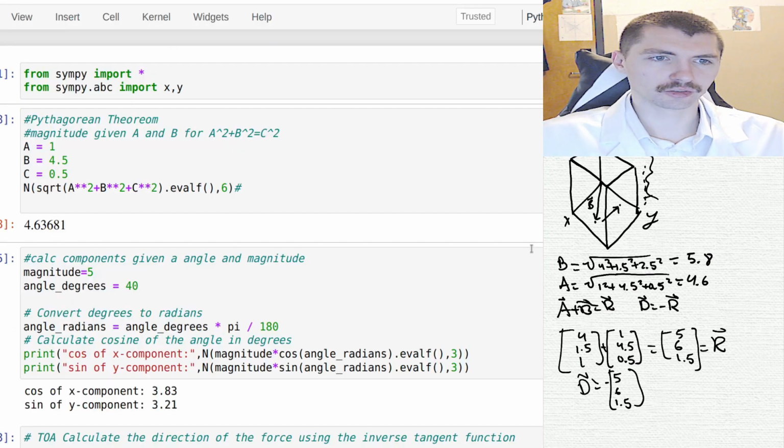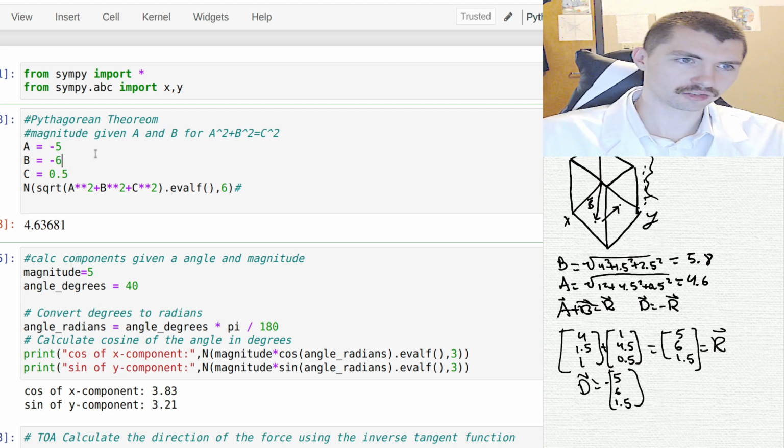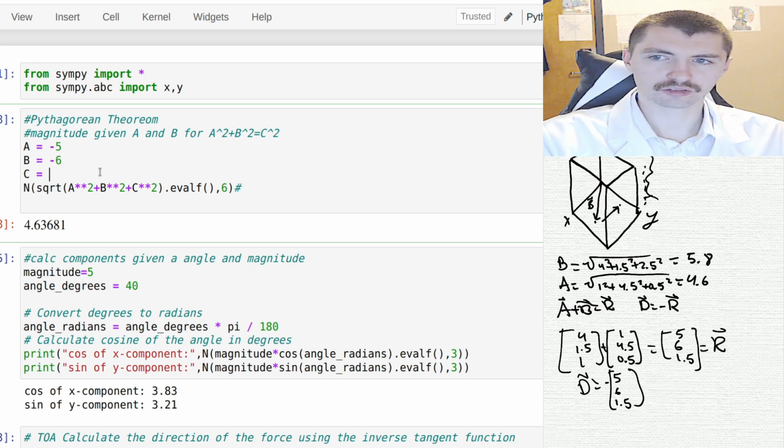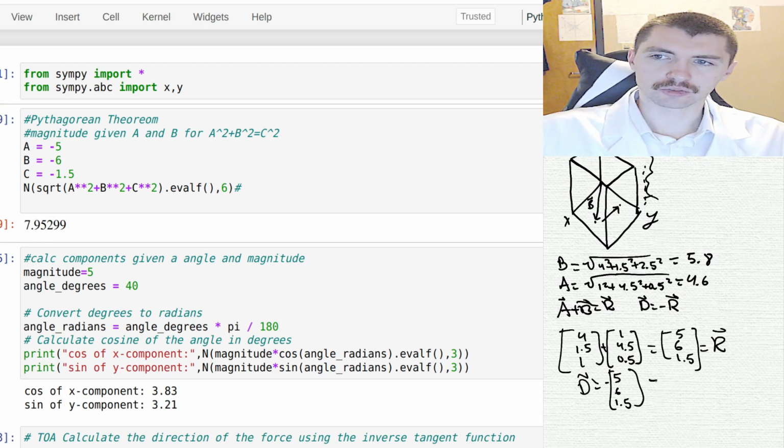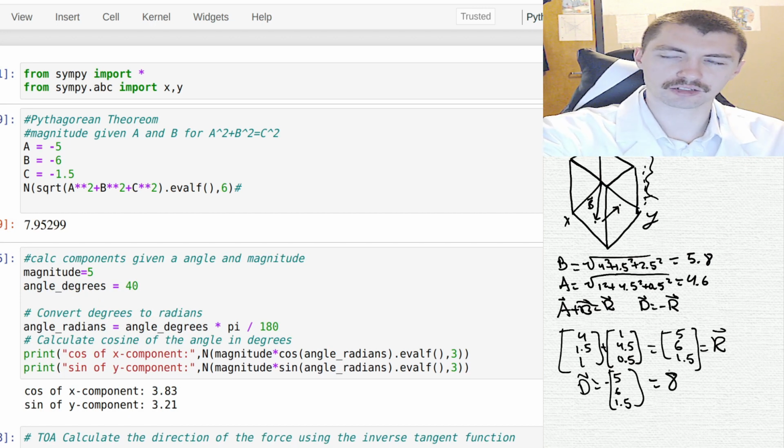So the magnitude is going to be -5, -6. So that's going to be 8 magnitude.